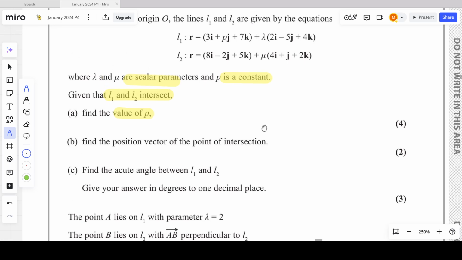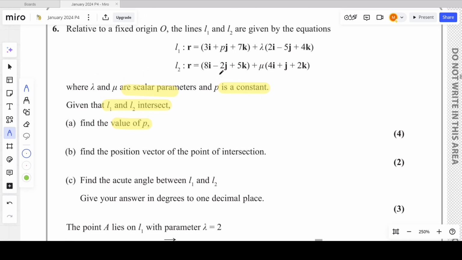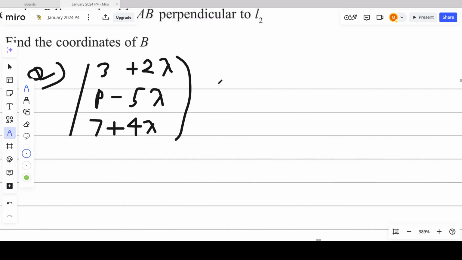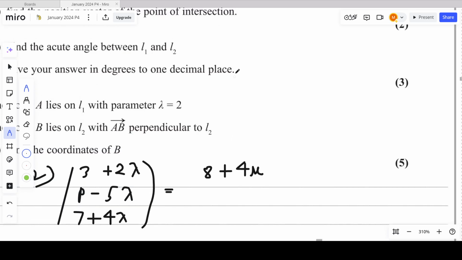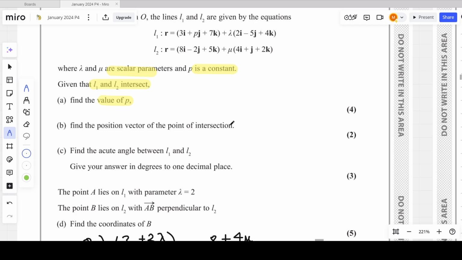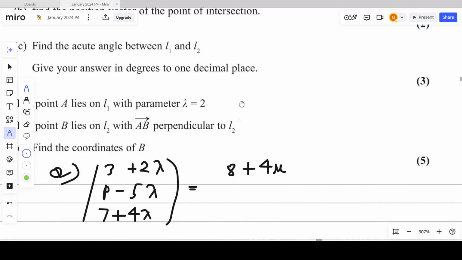Now for line L2, what are the i, j and k components? The i component is 8 plus 4 mu. The j component is negative 2 plus mu.